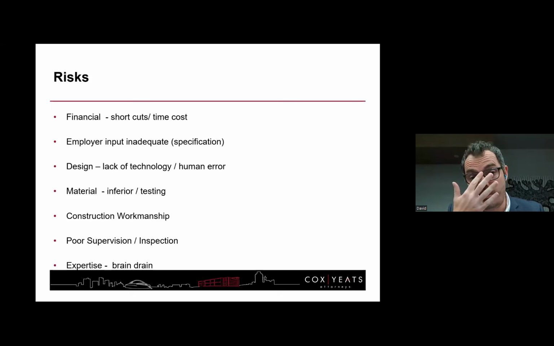Design, as Martin touched on earlier: lack of technology or human error in the design, and under design or design that is inadequate. Those are the terms we like to use. And Martin's first example showed a structure that can't even take its own weight. As the concrete's been poured and the propping's been taken away, things have started to move, things have started to sag.